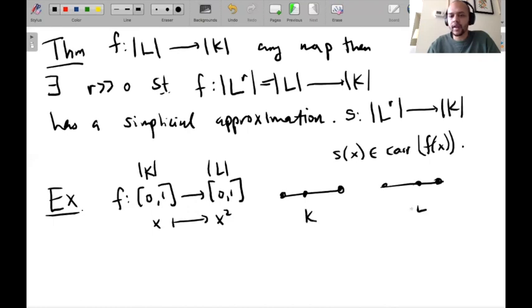It's K, here's L, or I guess maybe I'm drawing the geometric realization. And well, we showed that f has no simplicial approximation.